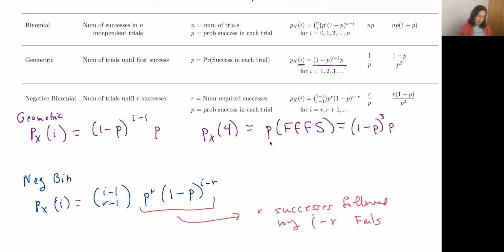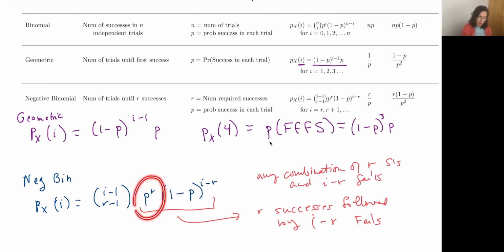But that's okay. This probability is the probability of any combination of R successes and i minus R fails. So the required number of successes, and the rest of the i trials being fails.